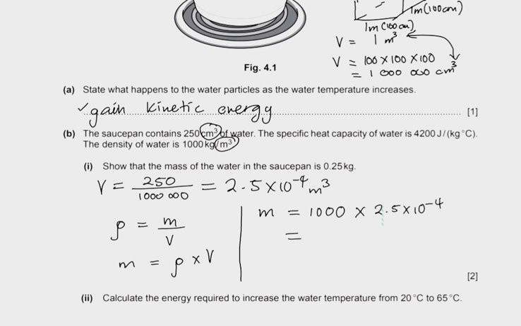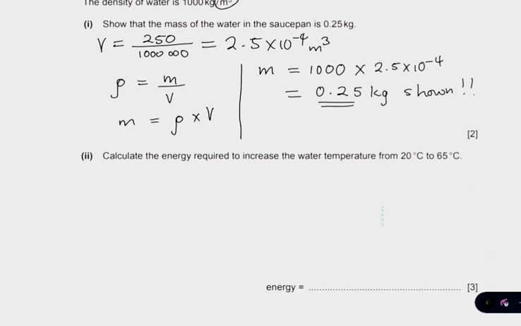This will give us 0.25 kg, shown. So what was key there is to understand how you convert cubic centimeters to cubic meters. Right, let's move on to the next question.